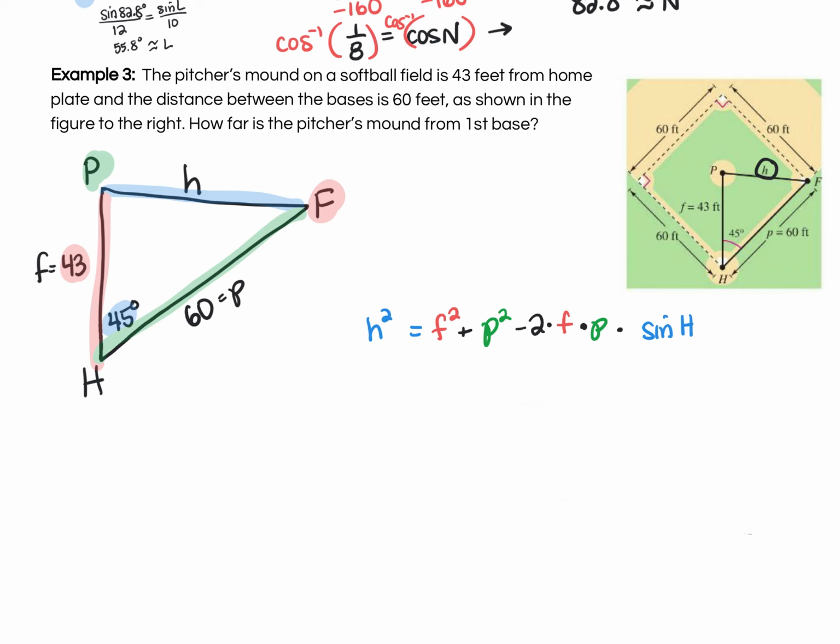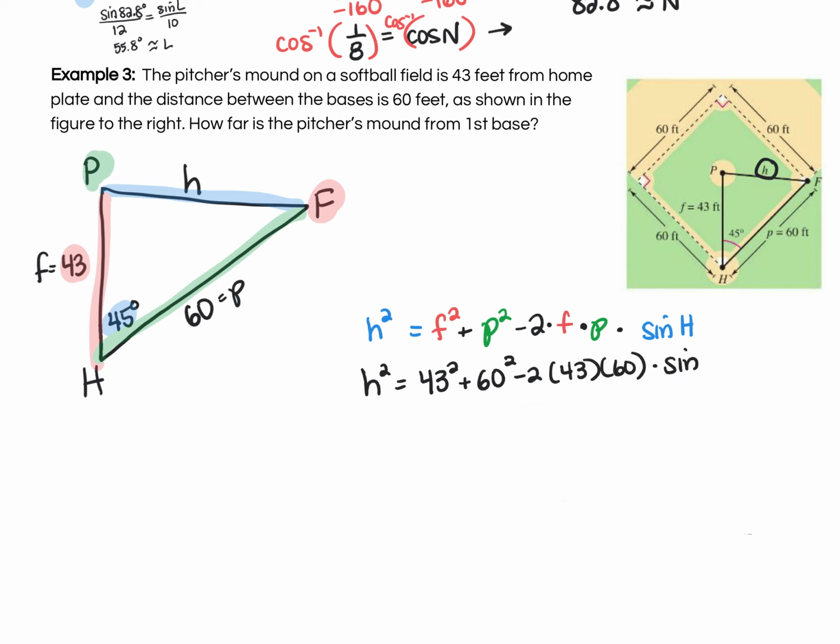And then we can fill in what we know. So I do not know little h, so that's just going to remain h squared equals, so I know f is 43. I know little p is 60. Okay, so I can fill those things in. And then I know angle H is 45.